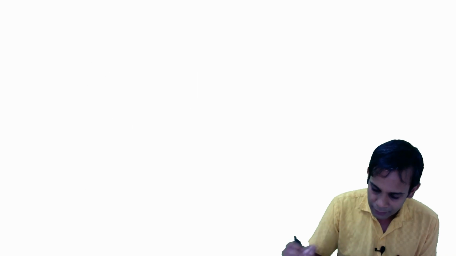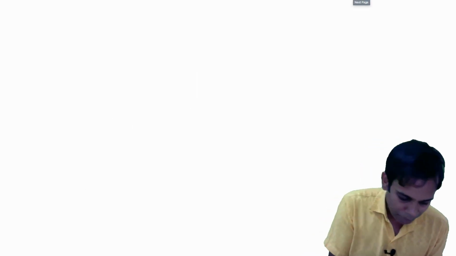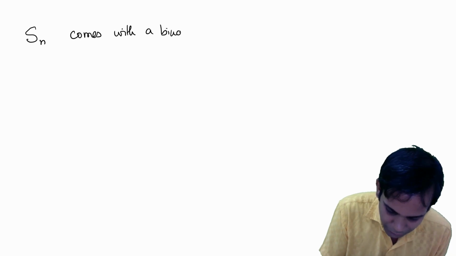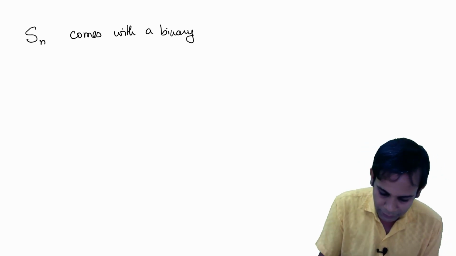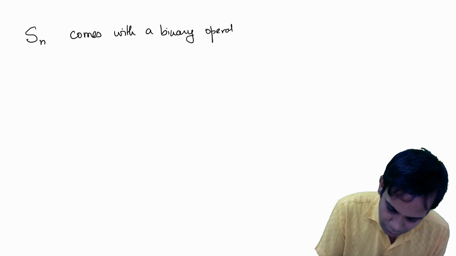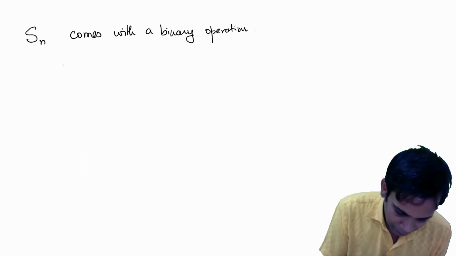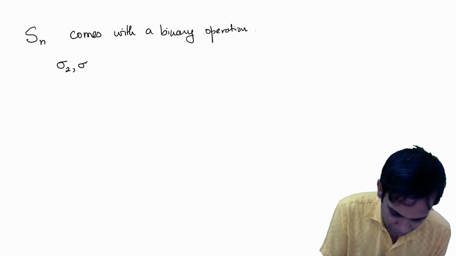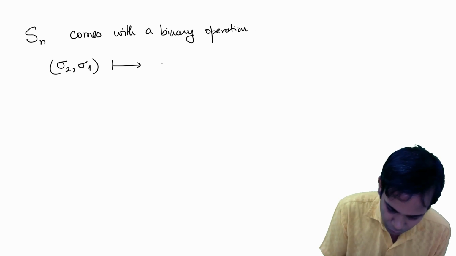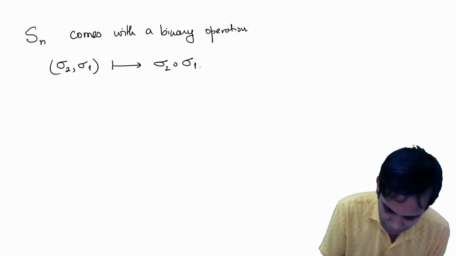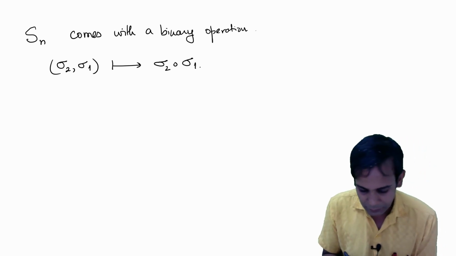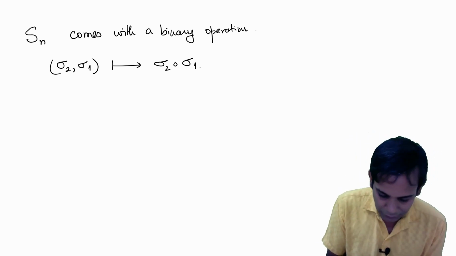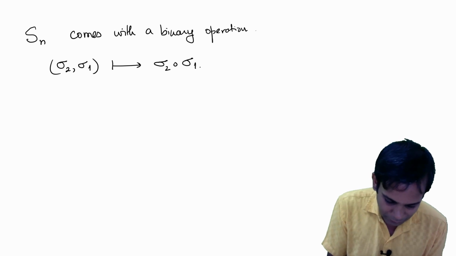So to summarize, what we've seen about permutations is that this set Sn of permutations of n comes with a binary operation. A binary operation is just an operation which takes 2 inputs and gives you 1 output. So here the 2 inputs are sigma 2 and sigma 1, 2 functions, and it goes to sigma 2 composed with sigma 1. And this binary operation satisfies the following axioms.